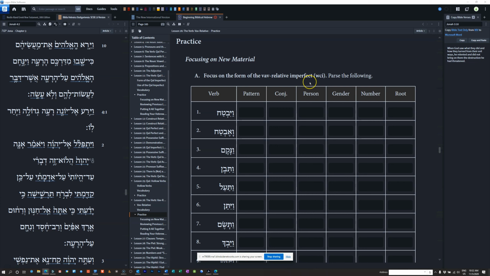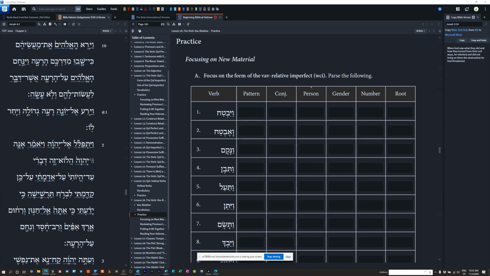The imperfect and the jussive frequently look identical, but there are times when they differ. Third hey verbs, hifil, that sort of a thing. The jussive and the preterite, as far as I know, always look identical. So technically speaking, it's not even the Vav relative plus the jussive, it's the Vav relative plus the preterite.